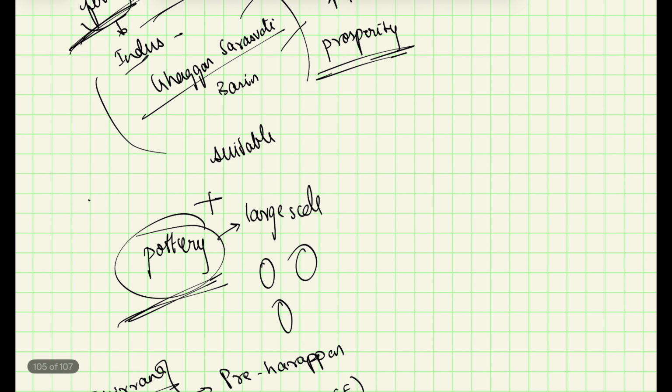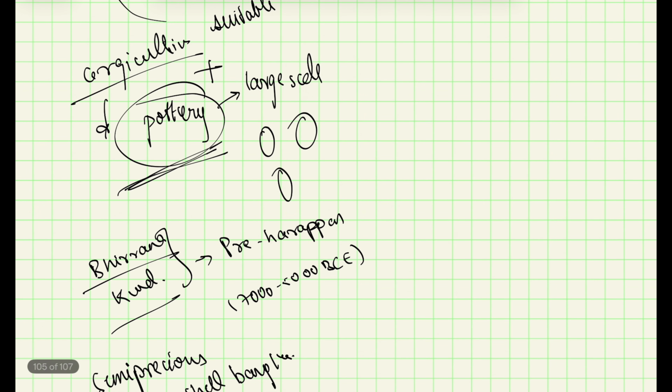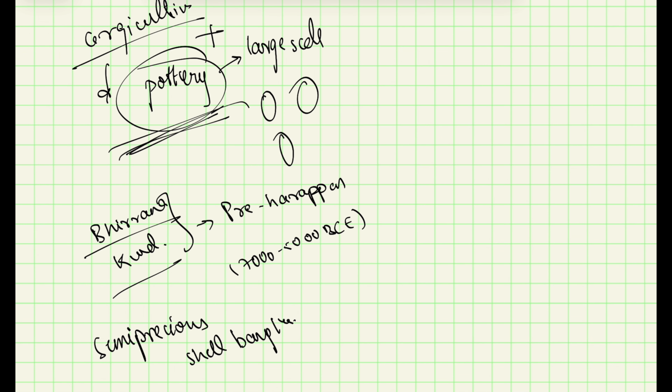Initially they started with agricultural productivity, and because the conditions were suitable, they later learned various things. The main one was pottery, along with semi-precious stones, shell bangles, and terracotta objects. Along with this, we have also seen Harappan writing. Harappans were not involved just in agriculture.